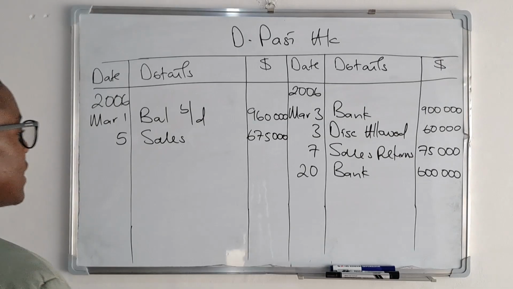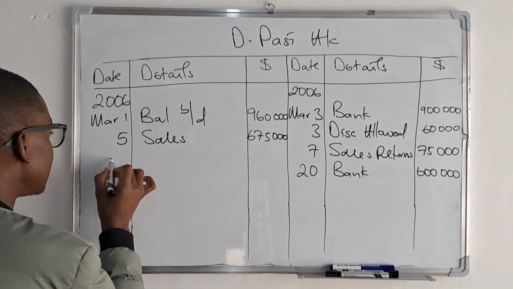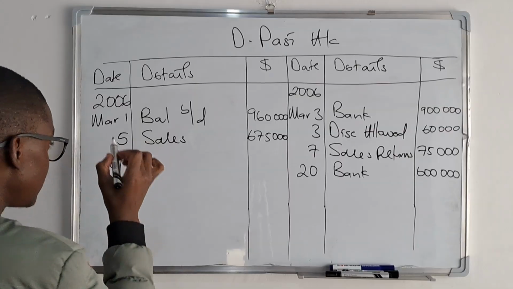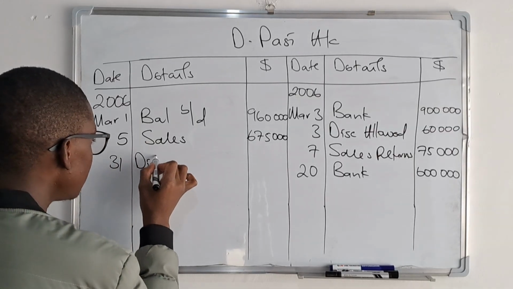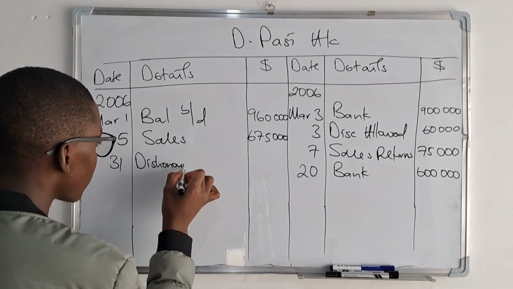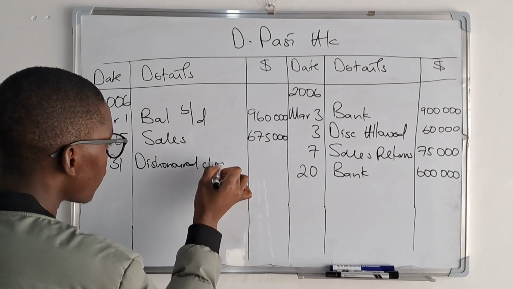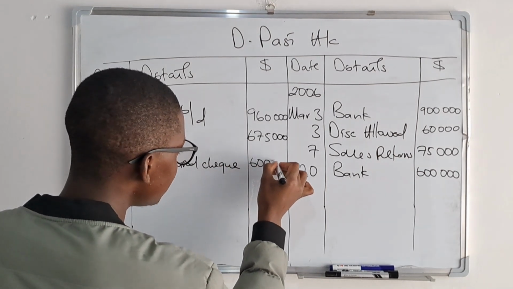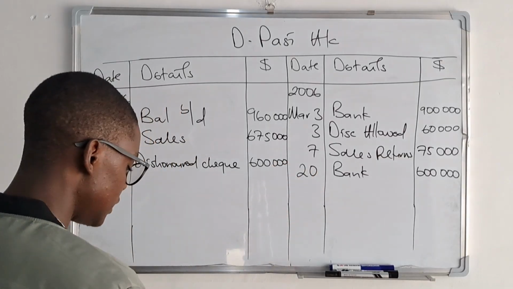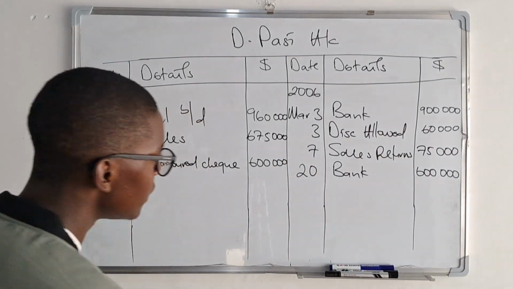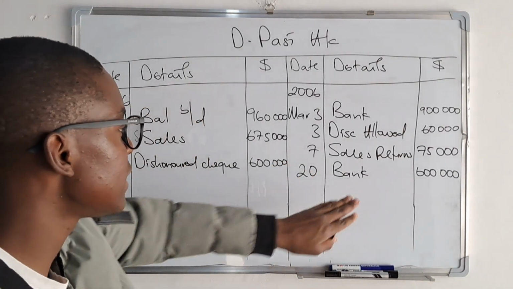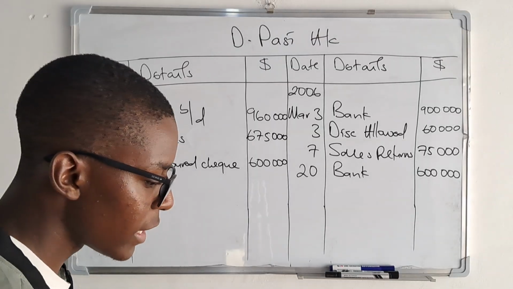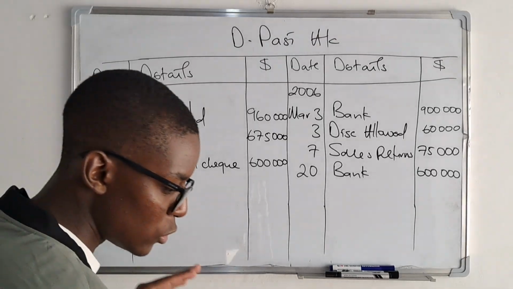Returned means it's a dishonored check. The bank returned the check. We write dishonored check, 600,000. The check which was received on the 20th has been returned by the bank, refer to drawer.